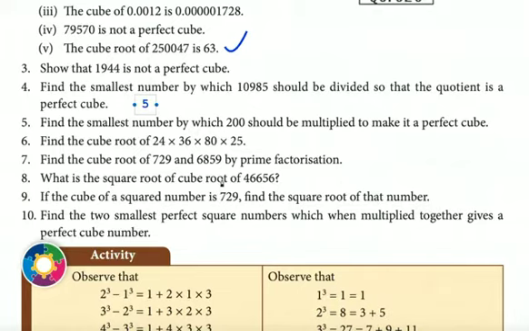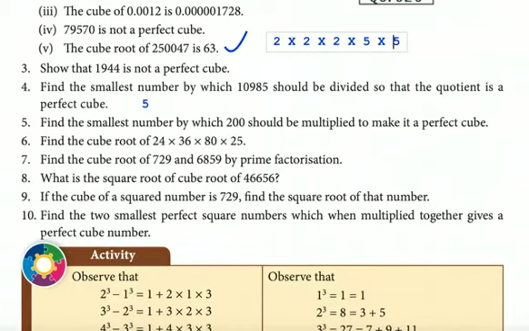Otherwise we have our formula, right? Let's write it in that form. 2 into 2 into 10 into 10. So 2 into 10 is 2 into 5. So 2 into 2 into 2 into 5 into 5.